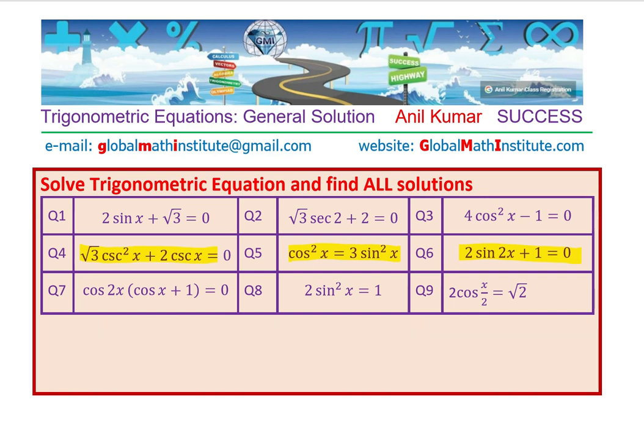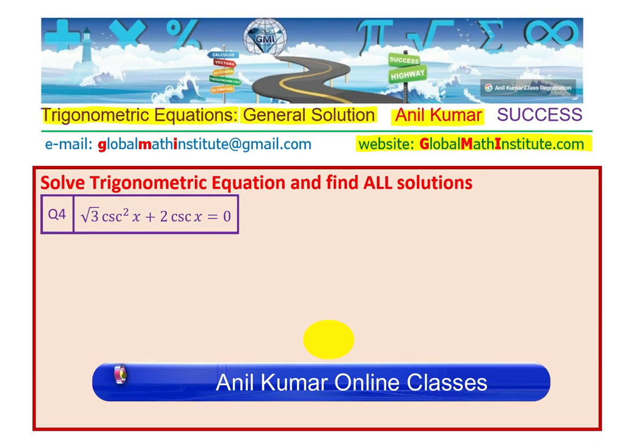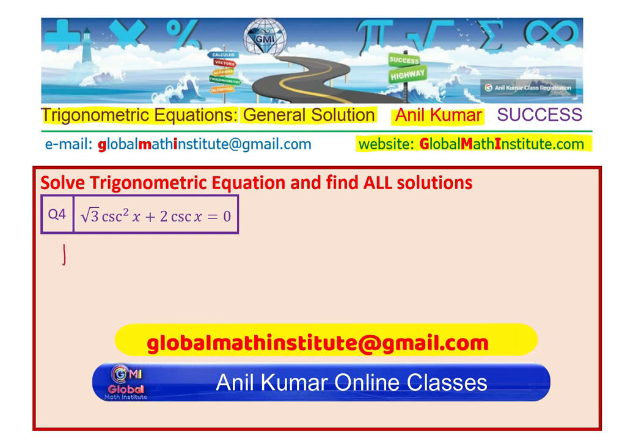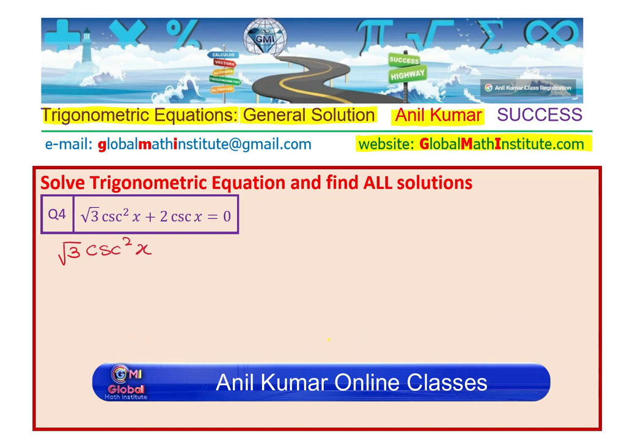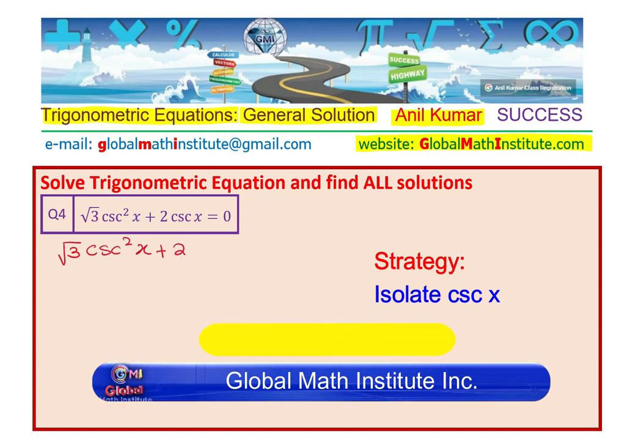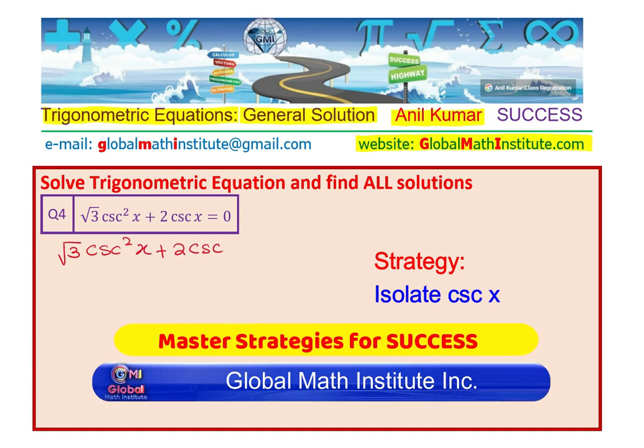So let's begin with the very first question, which is we have square root of 3 cosecant square x plus 2 cosecant x equals to 0.